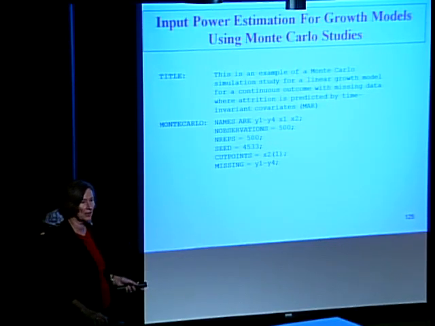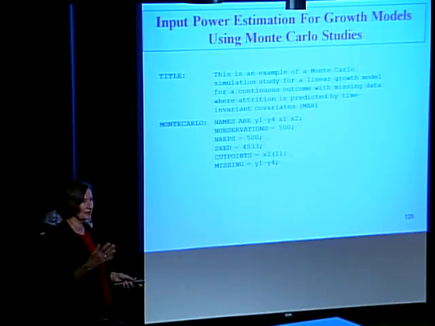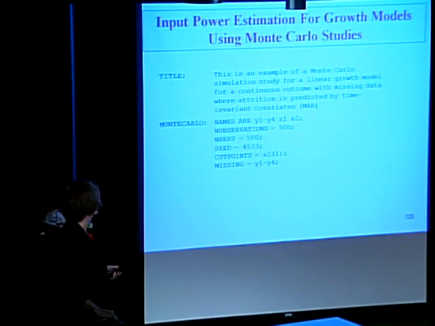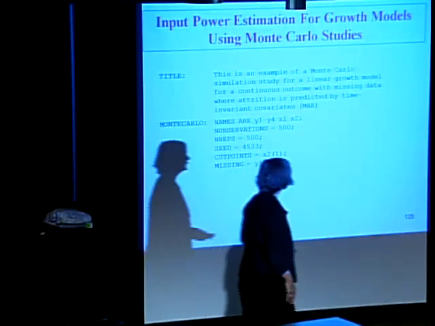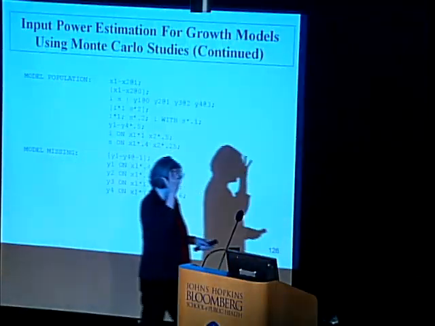And we're going to be able to model that in this simulation study. So you can model the type of missing data you see in your sample data to get an idea of how that could affect power. So we'll just leave this up over here. So that's the Monte Carlo command.